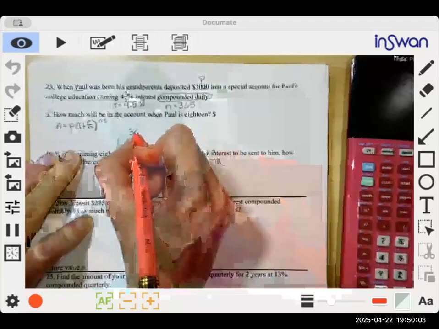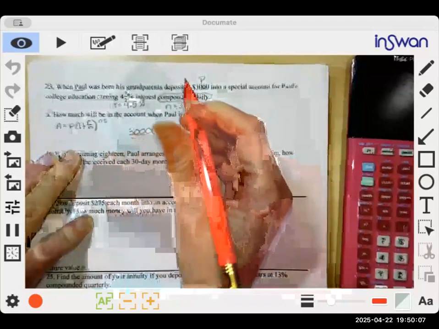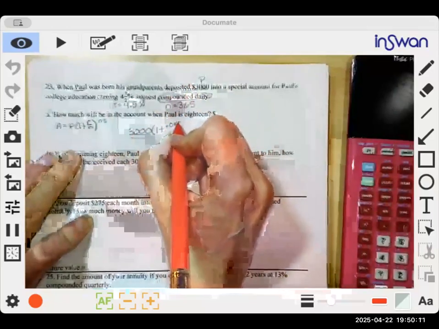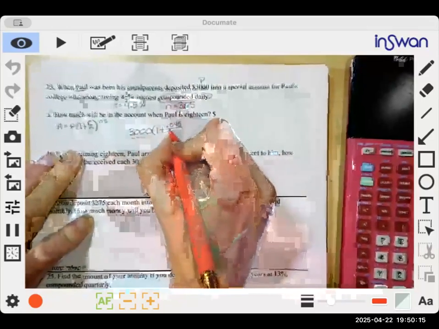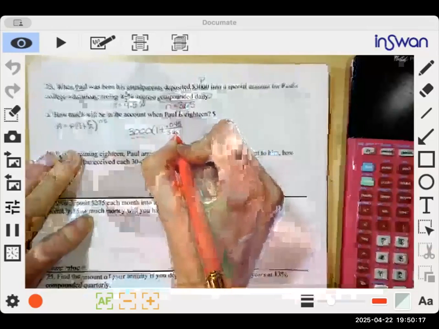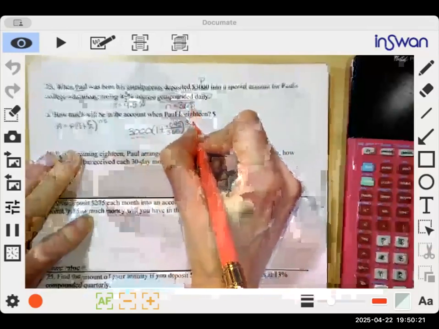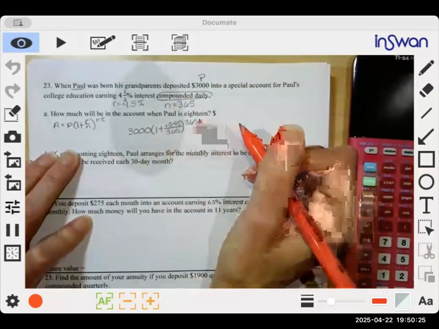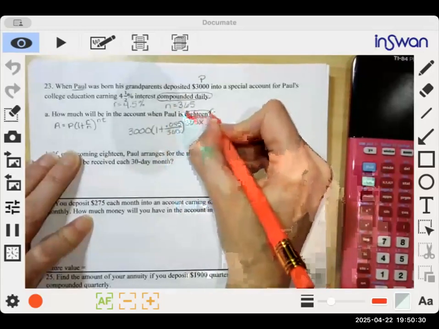So we have 3,000 times 1 plus 0.045 over 365, and then 365 times when he is 18.